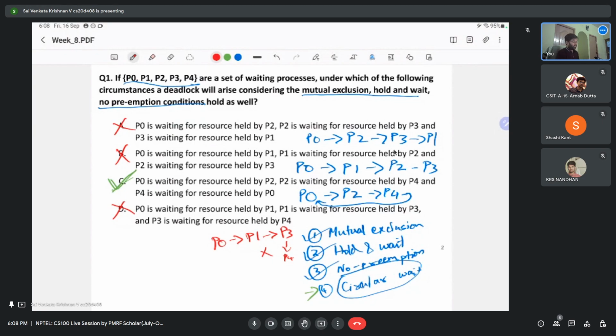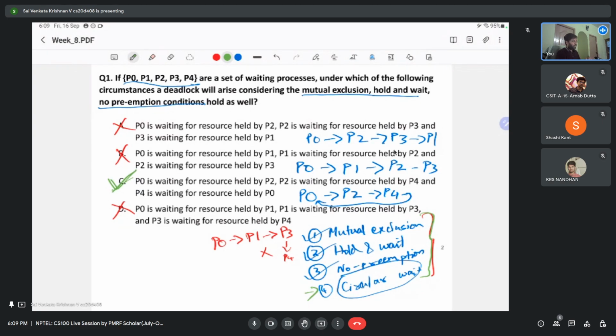So, any doubts in this question? The key point to note is that you should know what the 4 conditions for deadlock are. Only then will you be able to figure out the answer, because they have not explicitly asked you to find in which of these options there exists a loop in the wait-for graph.